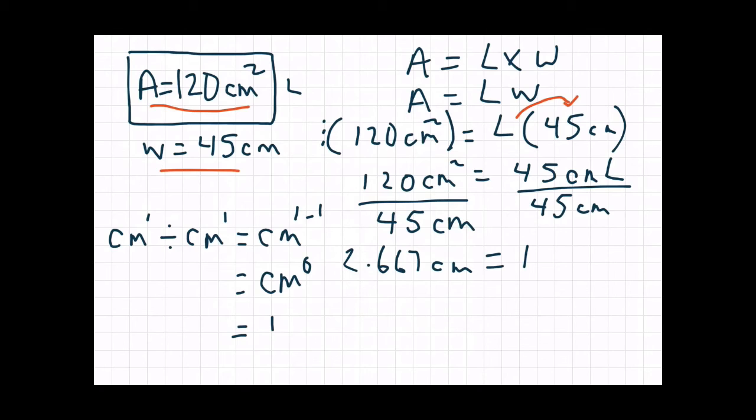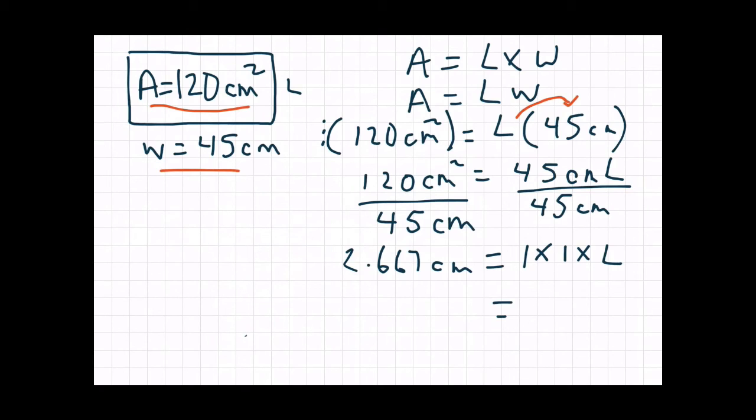So we end up with 1 times 1 times L. I'll get rid of this so it's not so confusing. Okay, the next step is, there's nothing to do on the left-hand side, but we have 1 times 1, which is 1, times L, which is L.